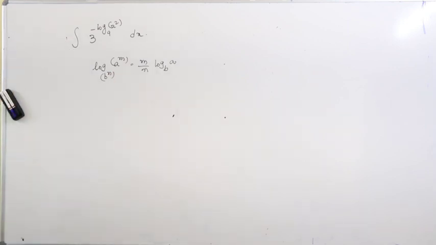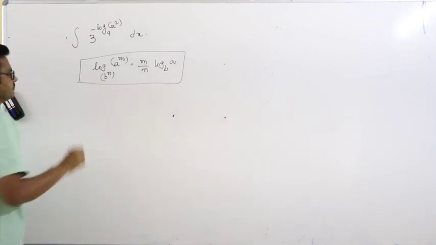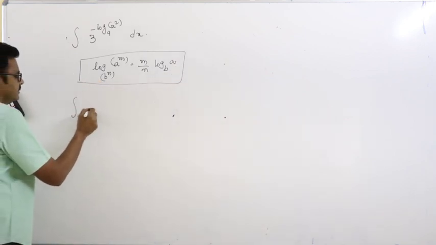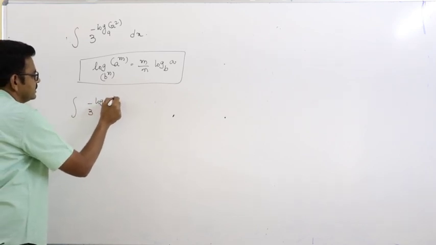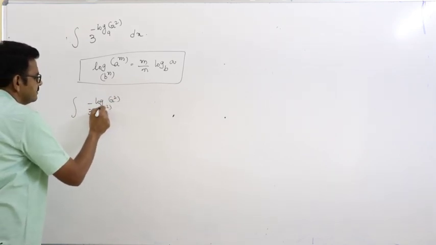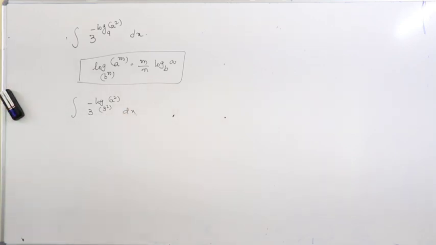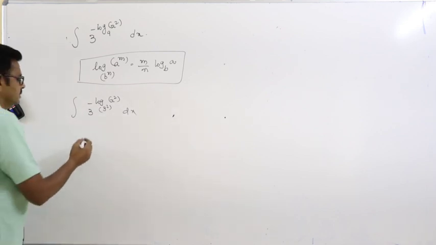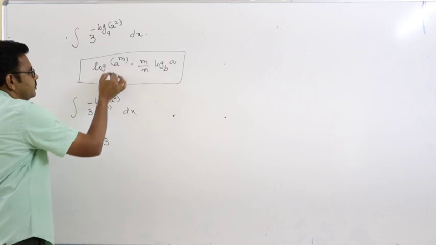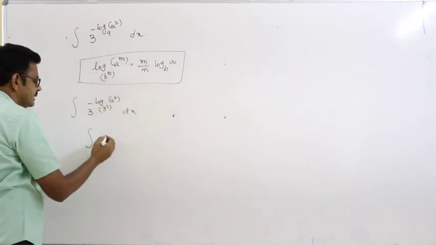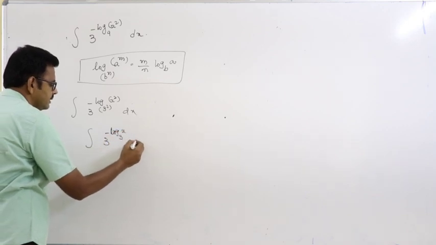Using this formula, integral 3 power minus log of x square base 3 square dx. So using this 2 by 2, the 2 gets cancelled, so this is minus log of x base 3 dx.